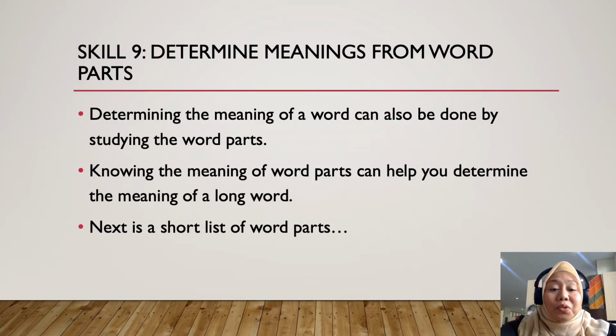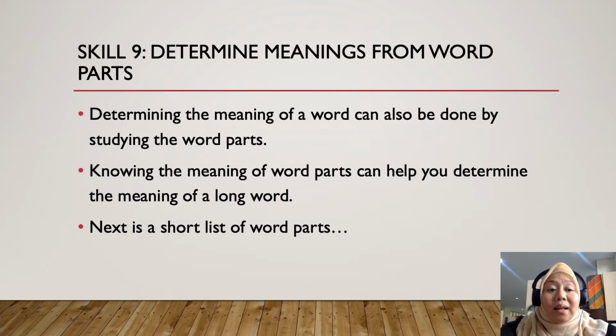Now let's move to skill 9, which is determining meanings from word parts. When you are asked the meaning of certain words in a TOEFL test, one more thing that you can do to determine the meaning of these words is to look at the word parts, which can give you a clue what the meaning of the words will be.